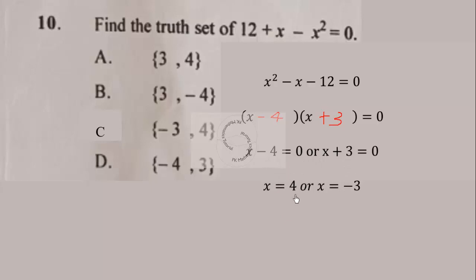So we get x to be equal to 4 or negative 3. So the solution set is negative 3 or 4. So the correct answer is option C. The continuation will be uploaded very soon.